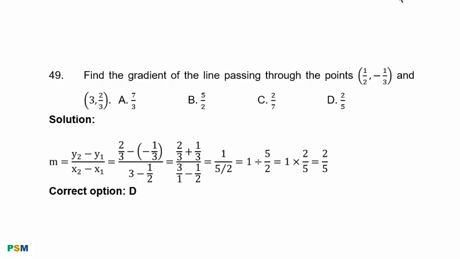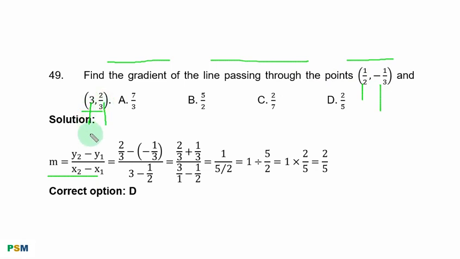Question 49. Find the gradient of the line passing through the points this and this. The gradient or slope is given by this formula. For this point, you have S1, Y1. You have S2, Y2.